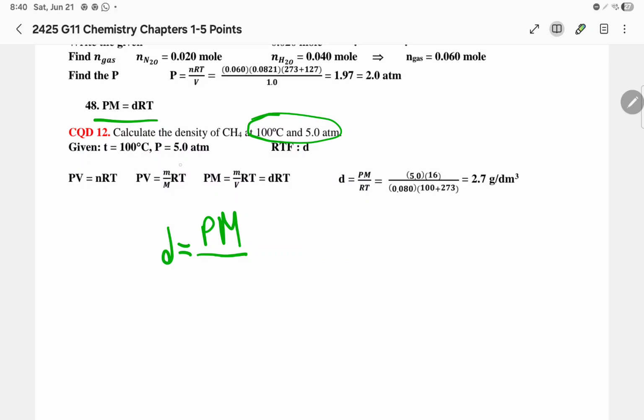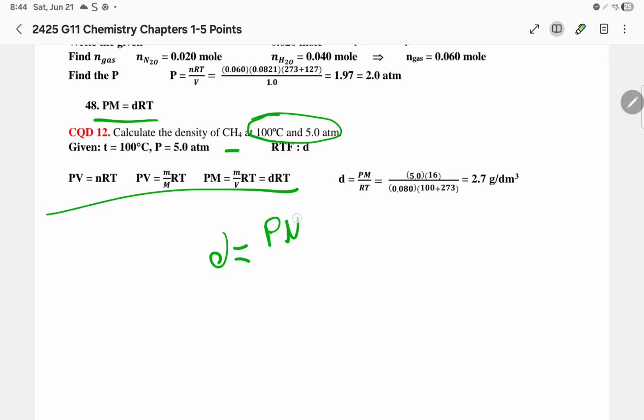I don't know why they used the M over M they gave us, because you need to use molar mass. Okay, my bad guys, because I got confused, because I have absolutely no idea why they put all the equations. We only need PM equals DRT. So D equals PM over RT.